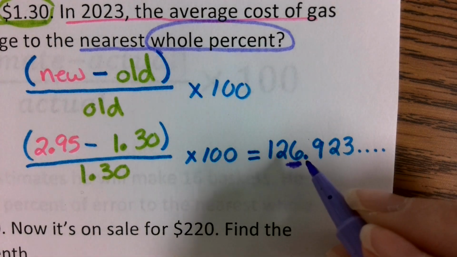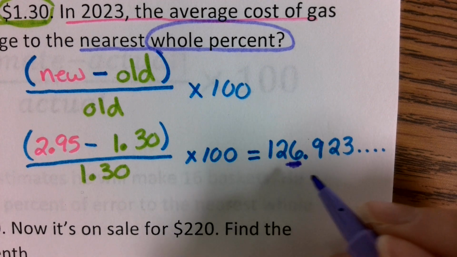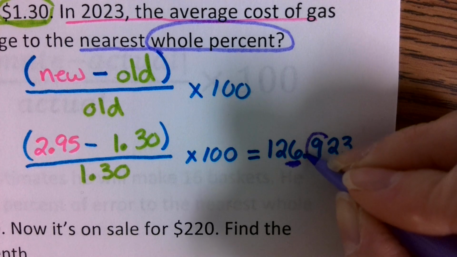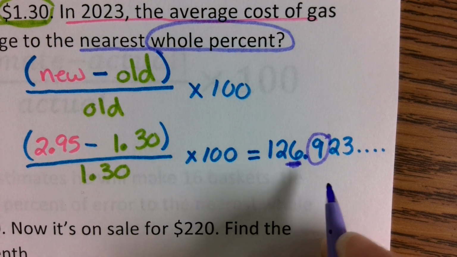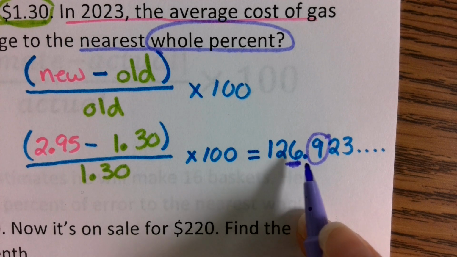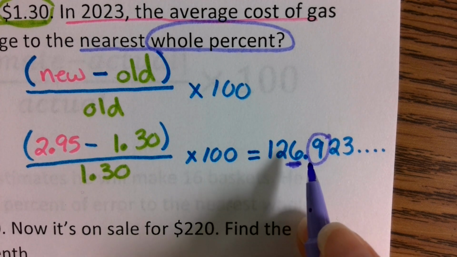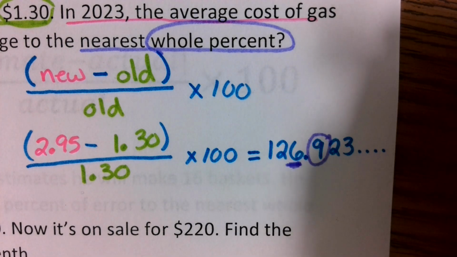I need to look at the number that comes after it to see if I need to round. So the number after it is a 9. The 9 is going to tell me whether I keep the 6 or round it up to a 7. Am I going to keep it as a 6 or round it up to a 7? Round it up.